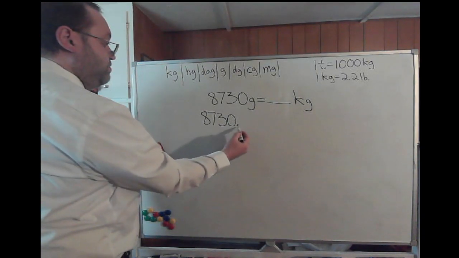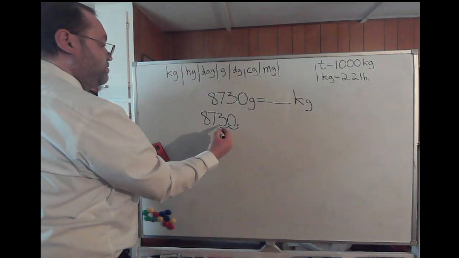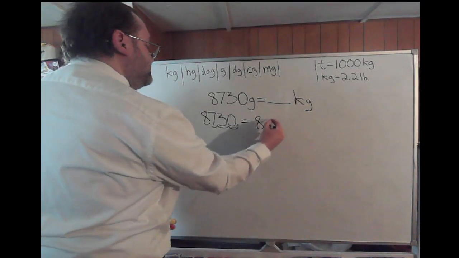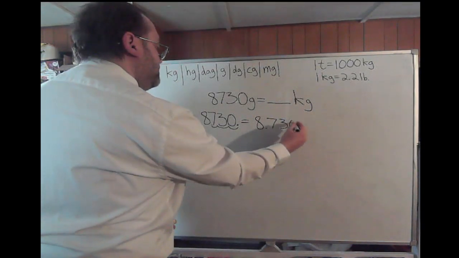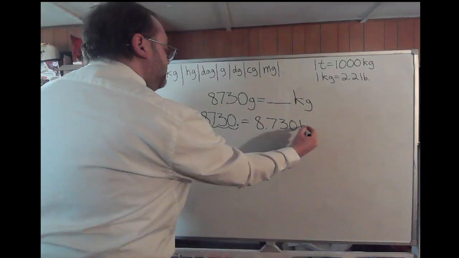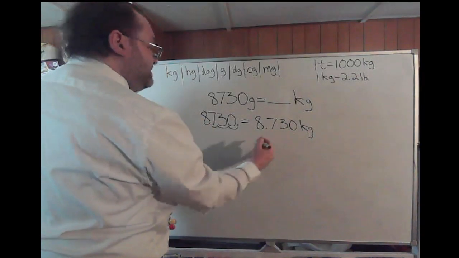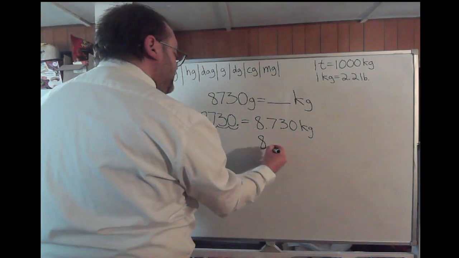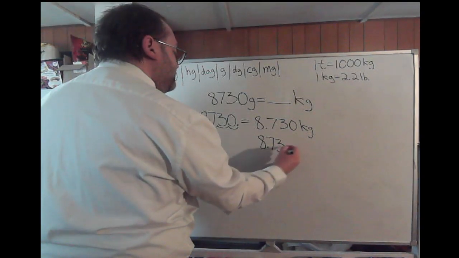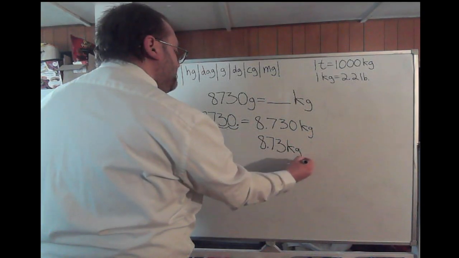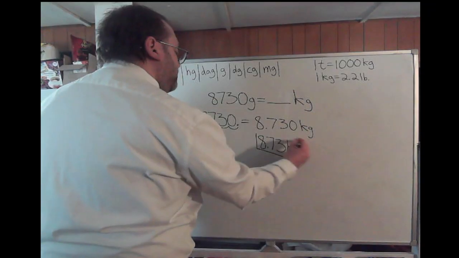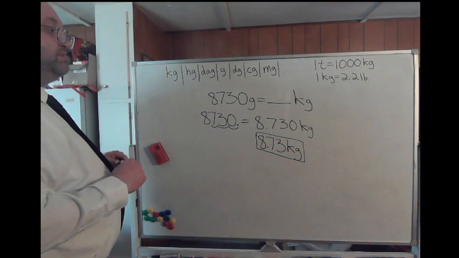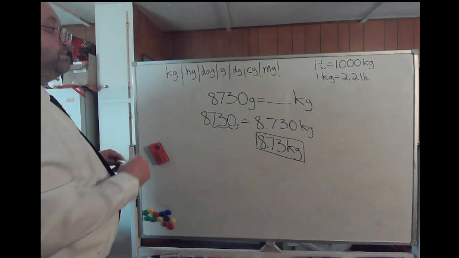So you would go 1, 2, 3, which would be equal to 8.730 kilograms, or you can just truncate the 0 since it's an extra placeholder. You would end up having 8.73 kilograms for 8,730 grams.